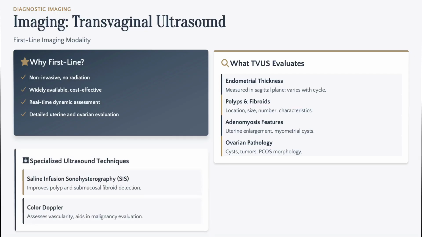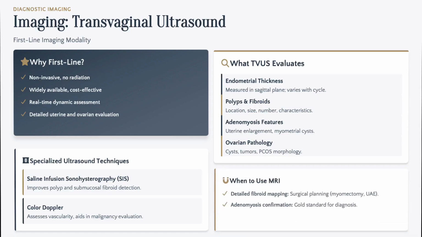That's number one. And you can do specialized ultrasound techniques like saline infusion sonography or even color Doppler if they are available. When do you use MRI? I said again earlier that detailed fibroid mapping is done by MRI, and adenomyosis confirmation.